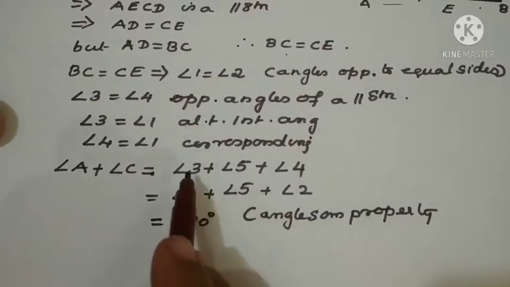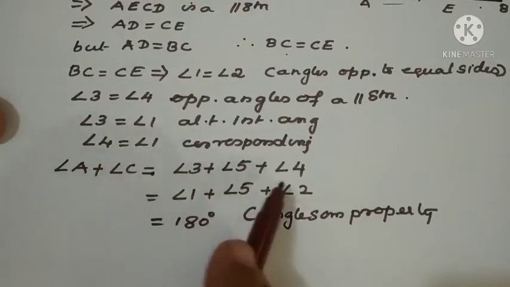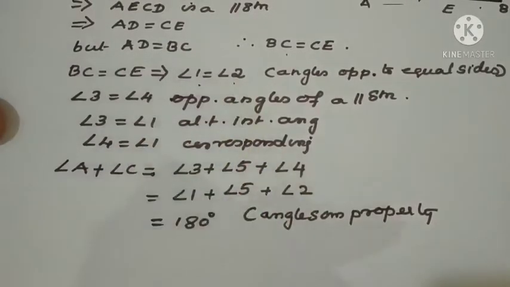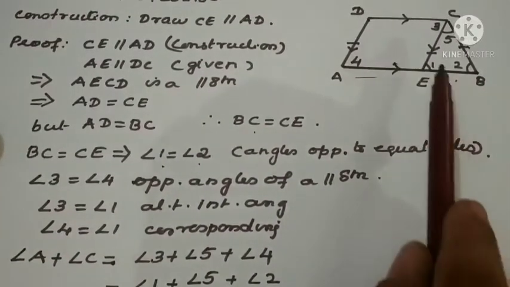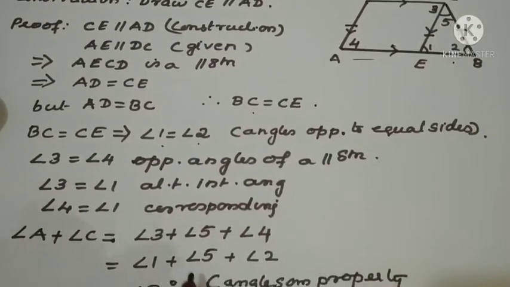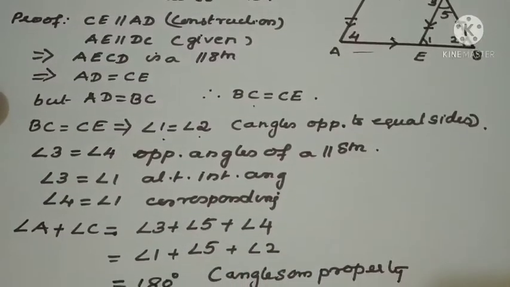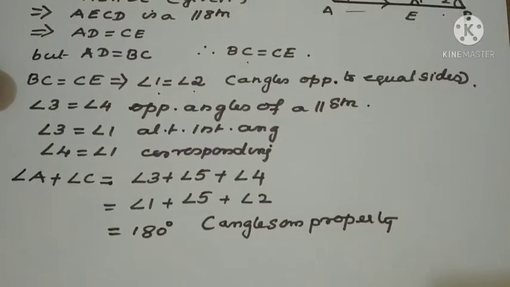Once again, angle 3 equal to angle 1 we replace, angle 4 equal to angle 1 we replace, and angle 1 is also equal to angle 2. We are arranging this so that we get angles 1, 2 and 5 in the diagram. So we got the angle sum property.